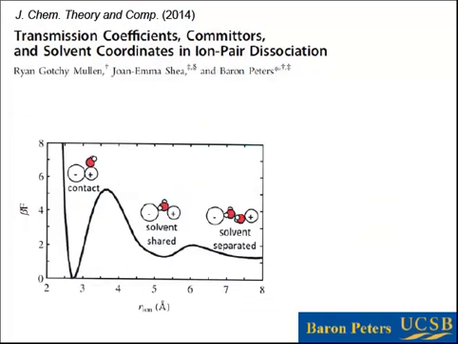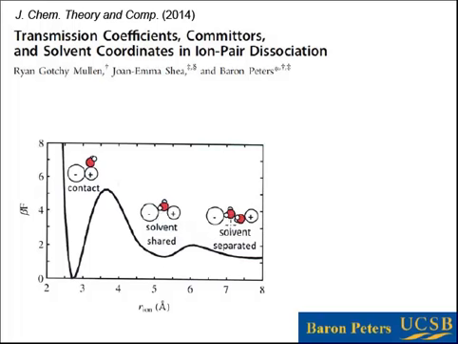So here is a little example showing an application of this. This is really the first application of this method. It's done in collaboration with Ryan Mullen, my PhD student, and Joan Shea, a collaborator here at UCSB. We looked at this surprisingly difficult problem of ion pair dissociation. An ion pair can have a contact state, and then you can have water wiggle its way in between the two ions and create a solvent-shared pair.